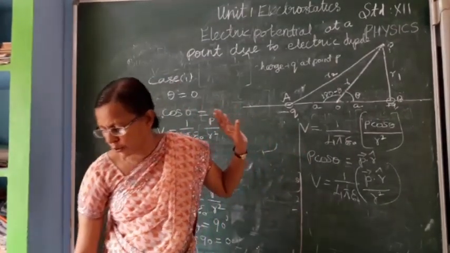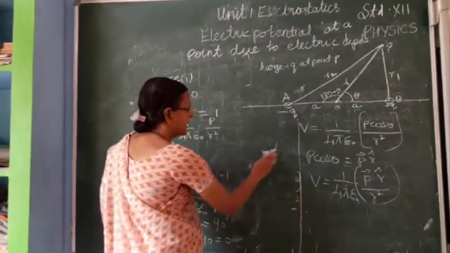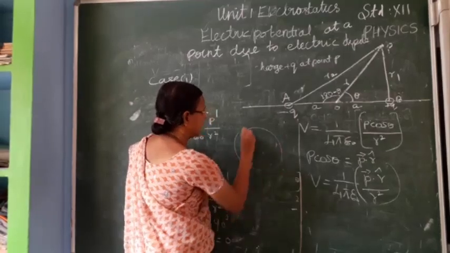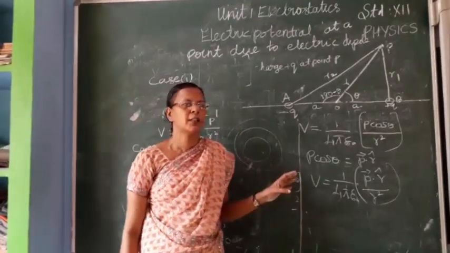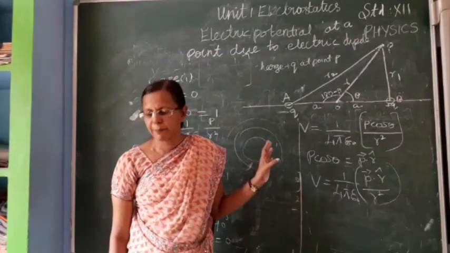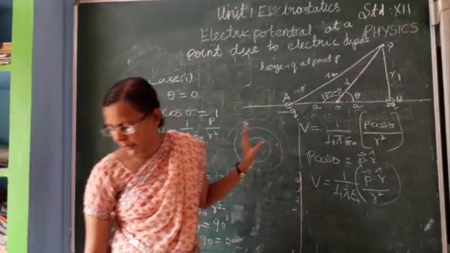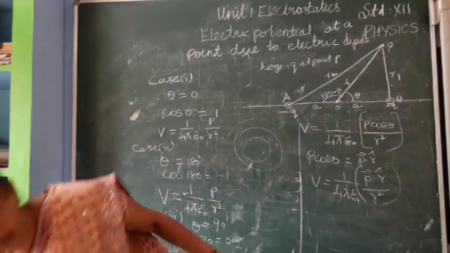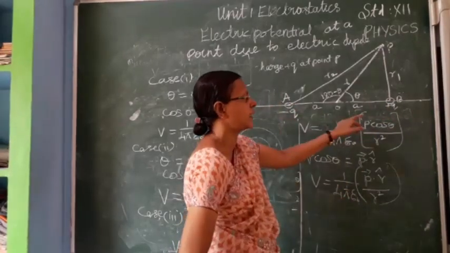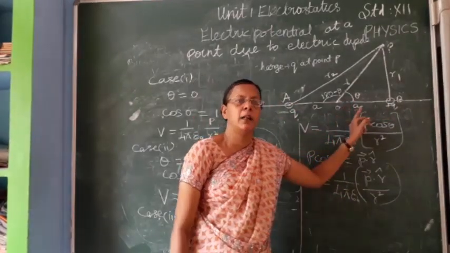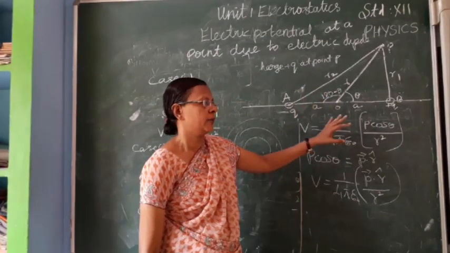The potential due to a point charge is spherically symmetric. But the potential due to a dipole, because in a dipole two charges are there, is not spherically symmetric.